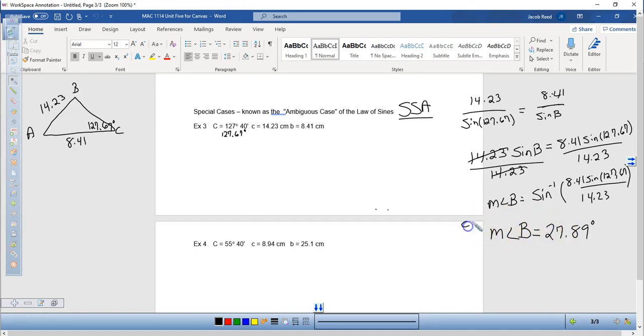Case 1, which is what we just found, is that the measure of angle B is 27.89. But we know from trigonometry that if I have this triangle right here, and let's say this is 30 degrees, that means this is 1, this is square root of 3, and this is 2. If I did sine of 30, you would tell me that's 1/2. But from this trigonometry that we've been studying all year, you also know this over here.